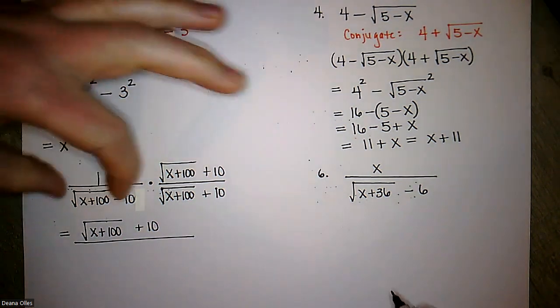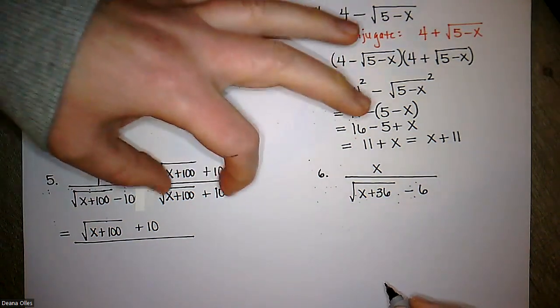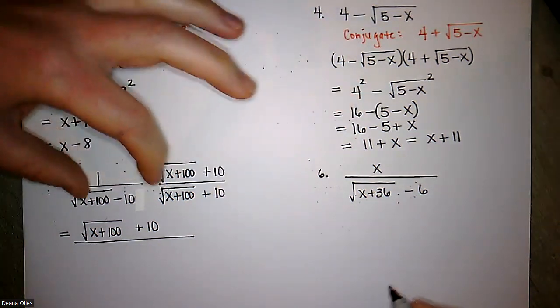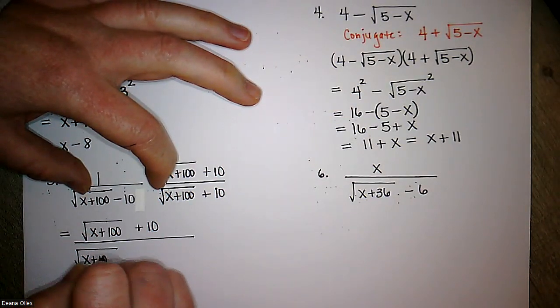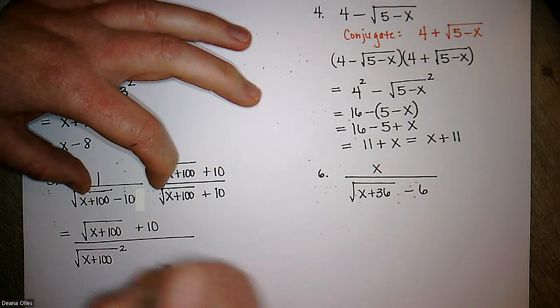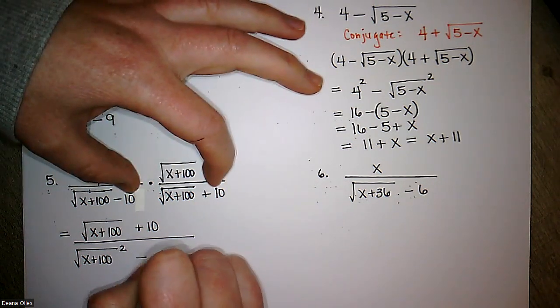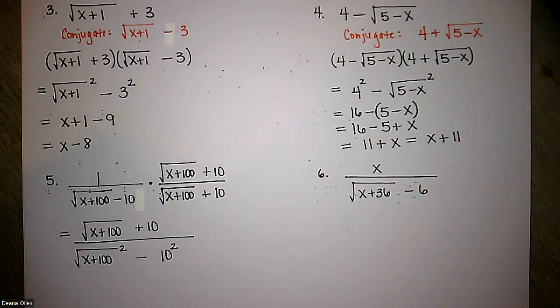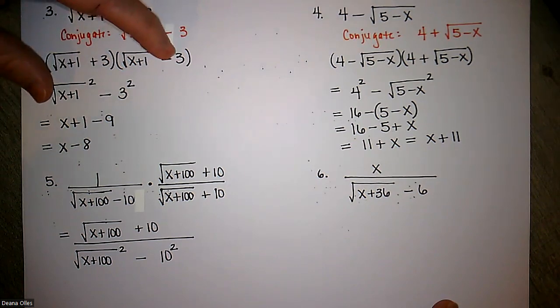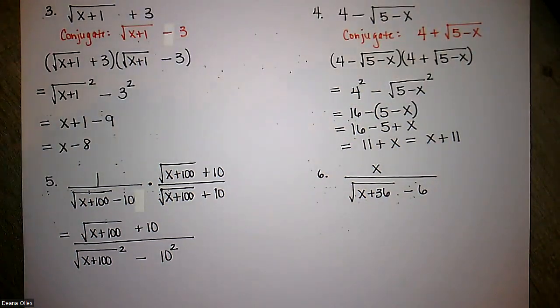And in the denominator, we have the product of something times its conjugate. So again, a, which is the square root of x plus 100, squared, minus b, which is 10 squared. So I just did the same thing that I did up here in this problem.